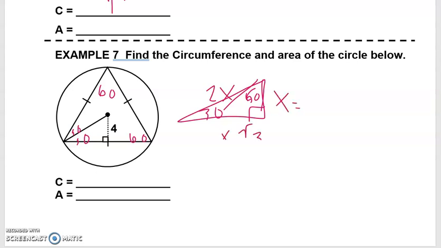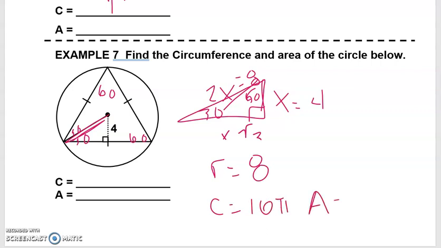Well, it tells us x is 4, so 2x is 8. Okay, that's our radius. This length right here is our radius, so the radius is 8. So the circumference is 2 pi r, so 2 times 8 is 16 pi. And area is r squared, so 8 times 8 is 64 times pi.